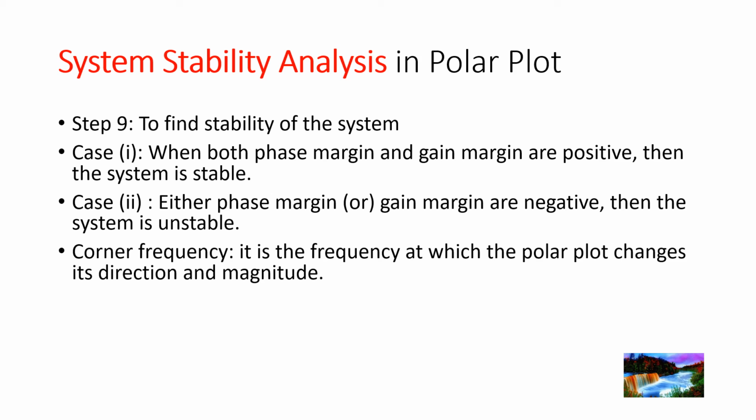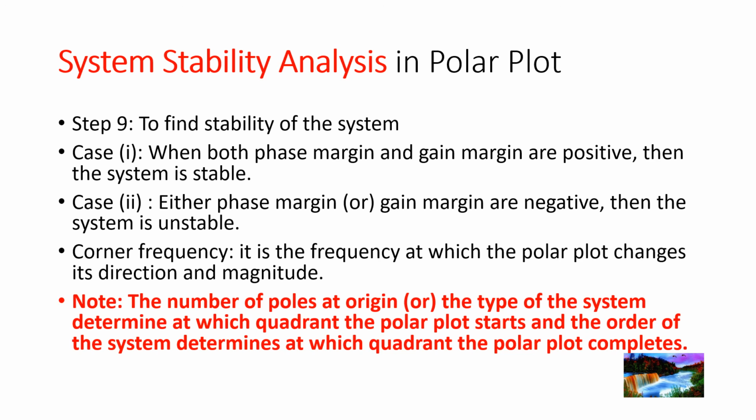It is the frequency at which the polar plot changes its direction and magnitude. The number of poles at the origin, or the type of the system, determines at which quadrant the polar plot starts, and the order of the system determines at which quadrant the polar plot completes.